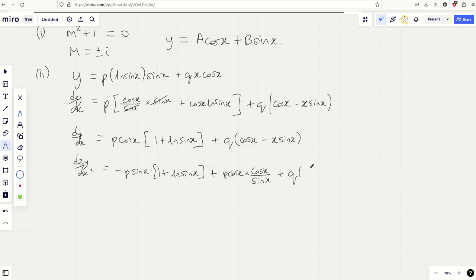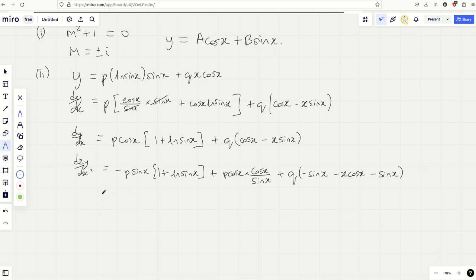Plus q times, remember, just ignore a constant because it's just a constant of differentiation. It doesn't do anything, it just sits about. Cos differentiates to minus sin, and then here we're going to get, well, sin differentiates to cos, times minus x, so you're going to get minus x cos x, but then you're going to differentiate minus x, which goes to minus 1 times sin x, so you're going to get minus sin x here.